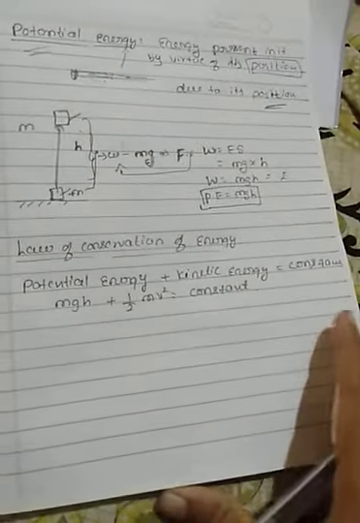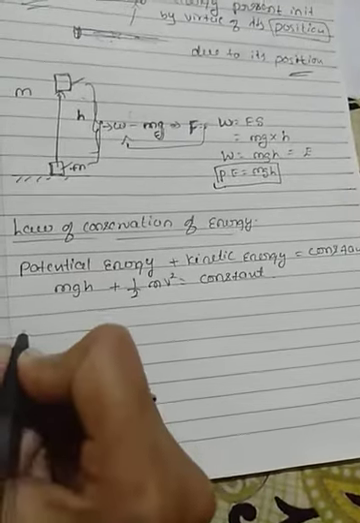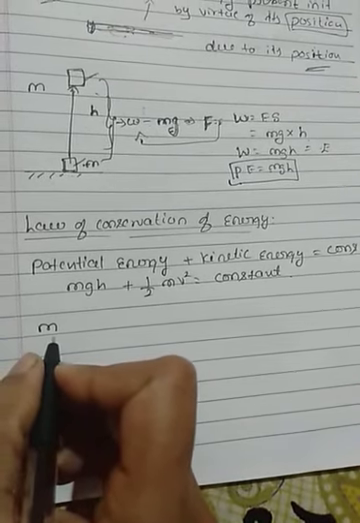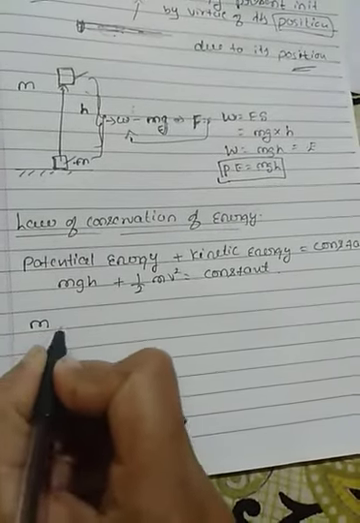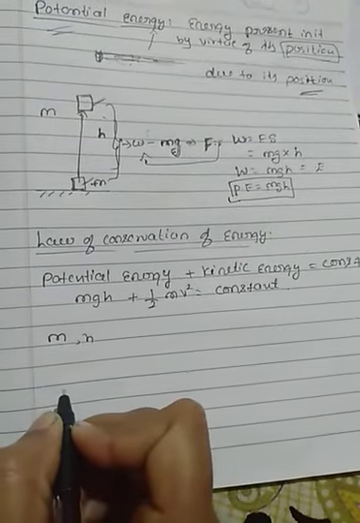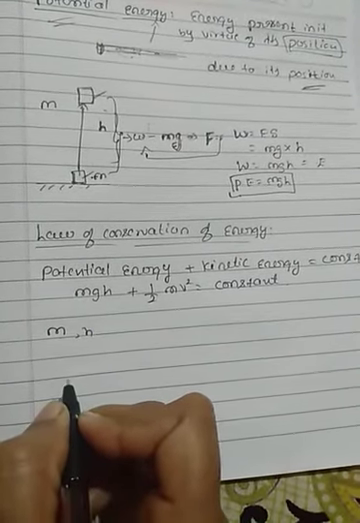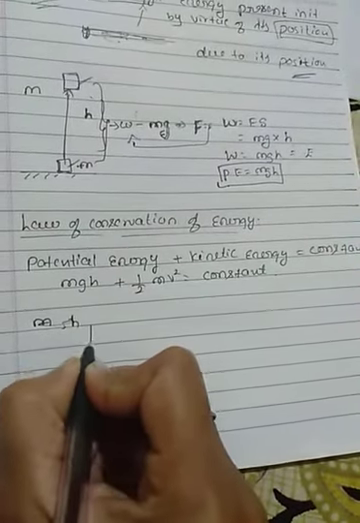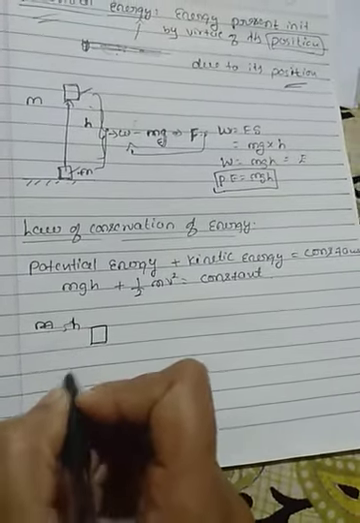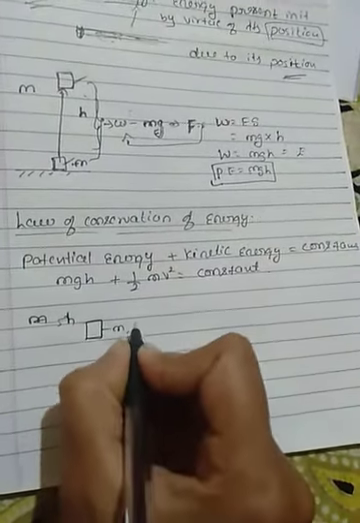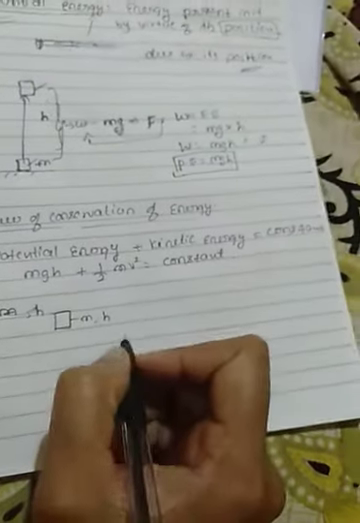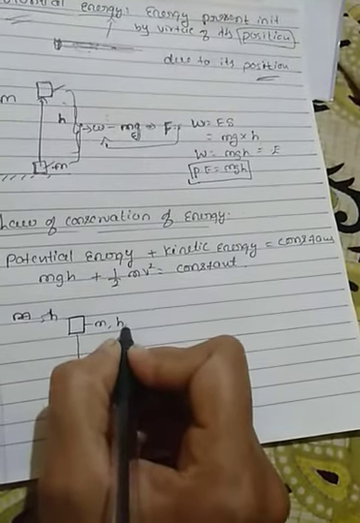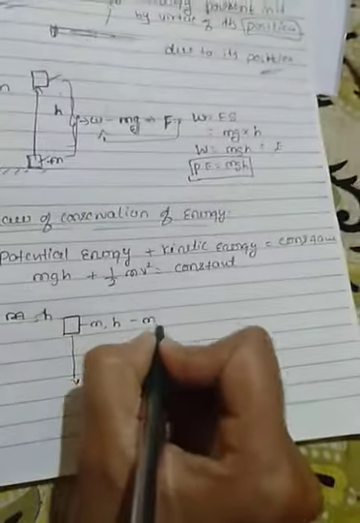For example, let an object of mass m be made to fall freely from a height h. Initially, the object is at rest at height h, so its potential energy is mgh.